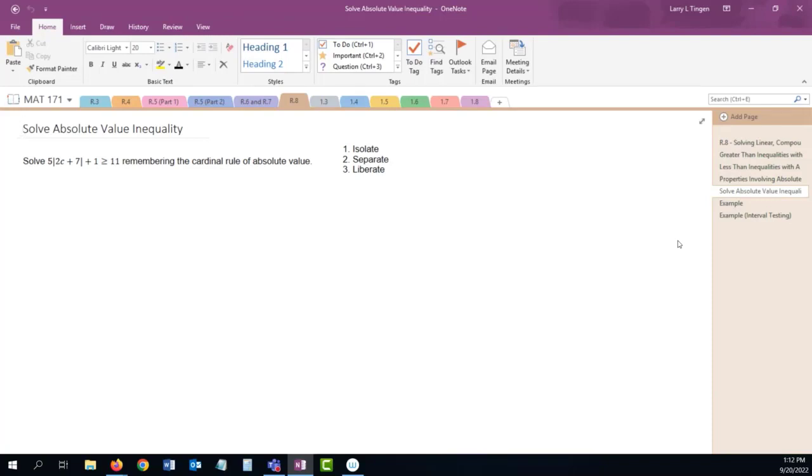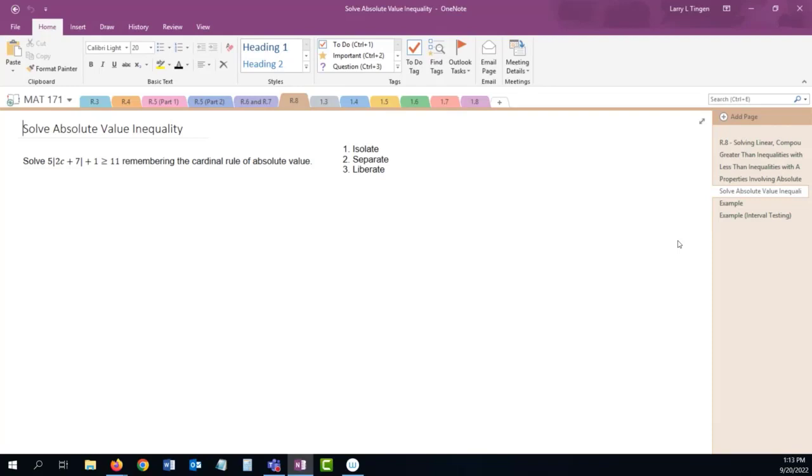If it's a greater than, that's an or: either what's in the absolute value is exactly what it says, or it's the opposite direction for the inequality and the sign of the other side goes negative. The other case is the absolute value is less than. That's the and situation, where what's inside the absolute value has to be both less than exactly what's on the other side and greater than the opposite.